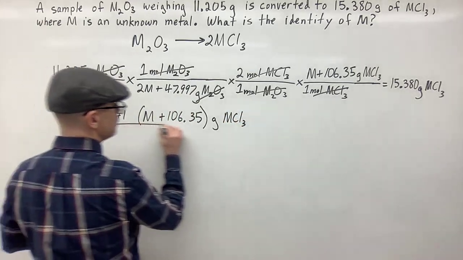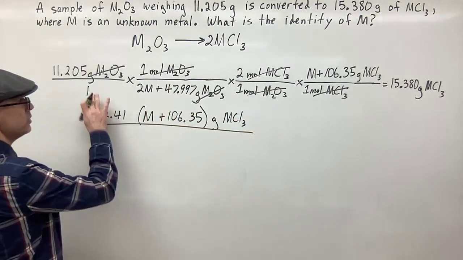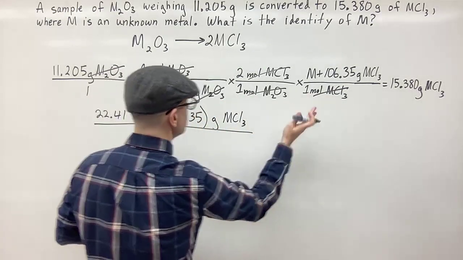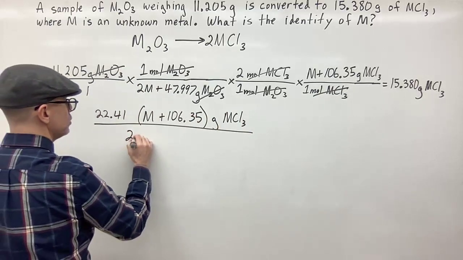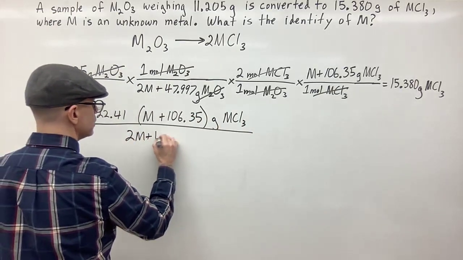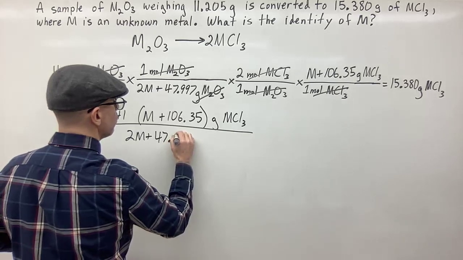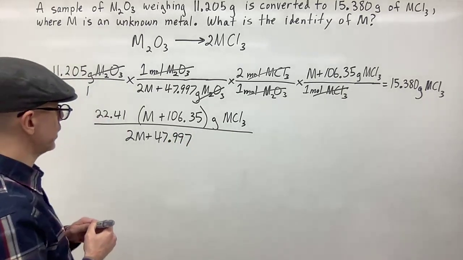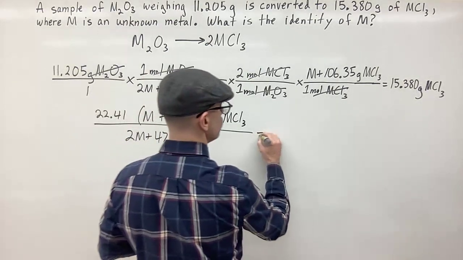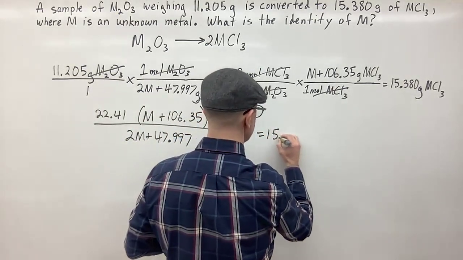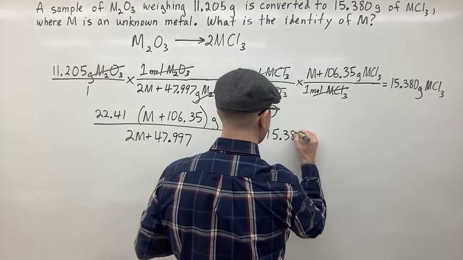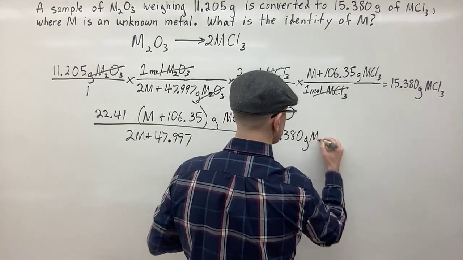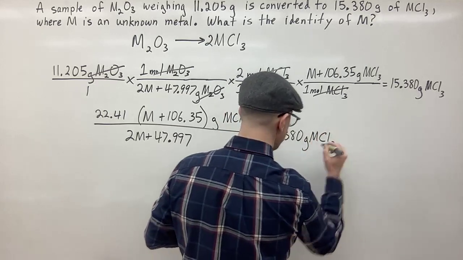And on the bottom, I'm multiplying this by all ones, so it's just going to be 2M plus 47.997. And then all this is equal to that side, which is 15.380 grams of MCl3.